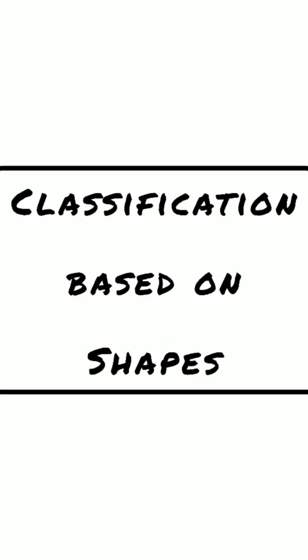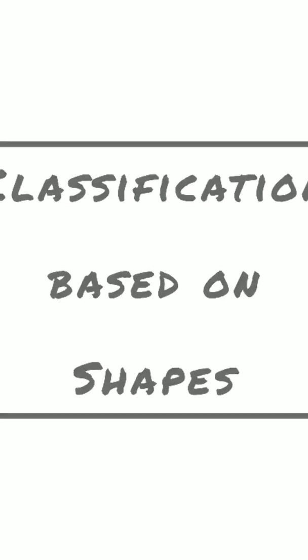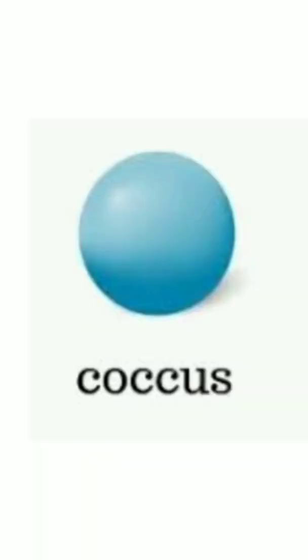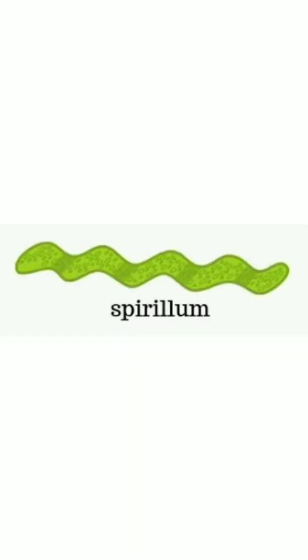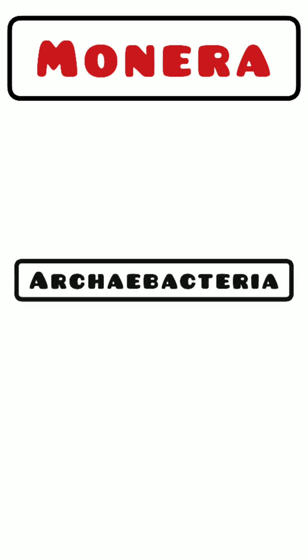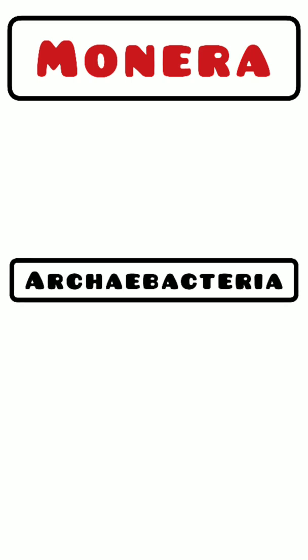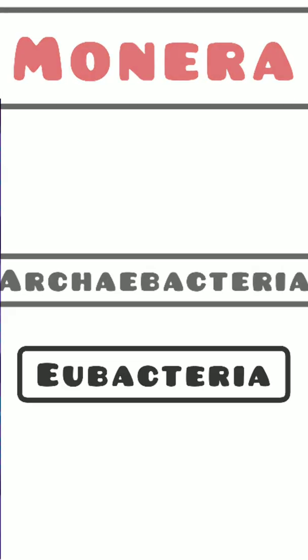Bacteria are classified into 4 types based on their shape: spherical-shaped coccus, rod-shaped bacillus, comma-shaped vibrio, and spiral-shaped spirillum. Kingdom Monera is classified into 2: Archaebacteria and Eubacteria.